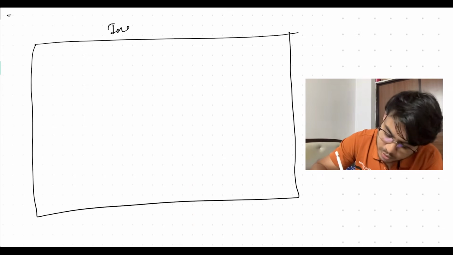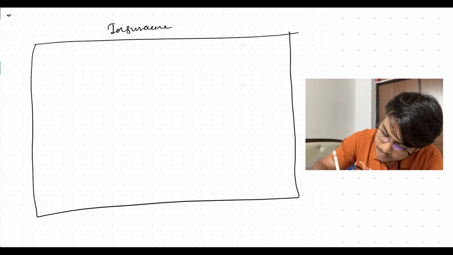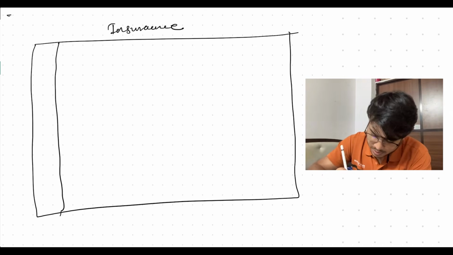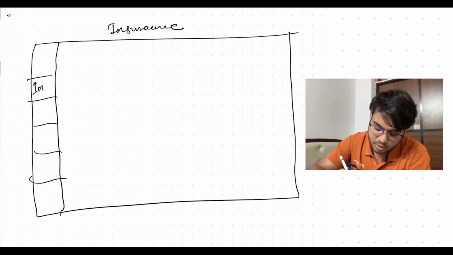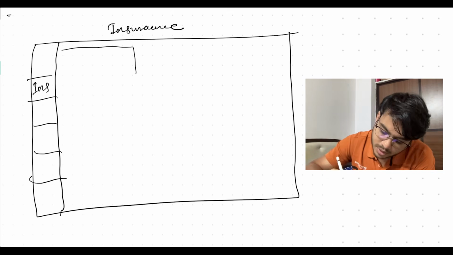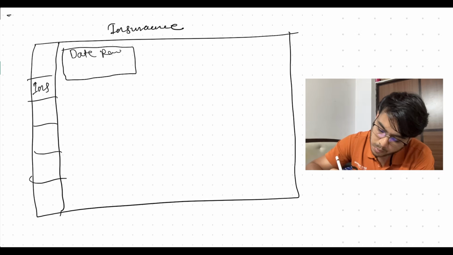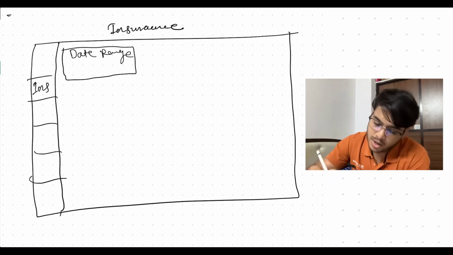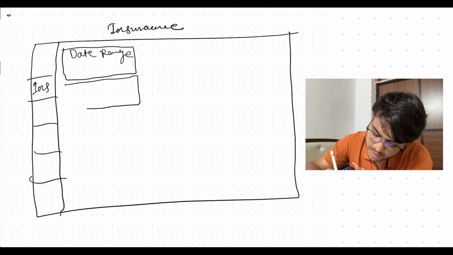Okay, so for insurance, what we'll create, the same thing will be there, 5 things will be there, right? And we are talking about insurance. Now here we'll be adding the date thing, date range. Then we'll add one more tab, which is total amount.